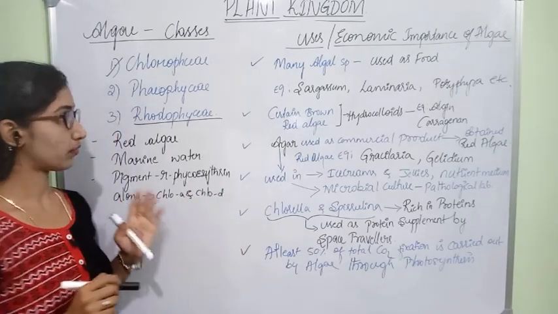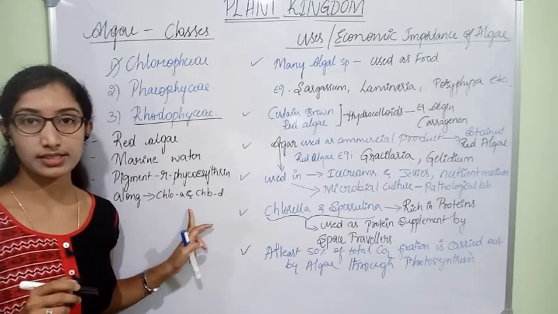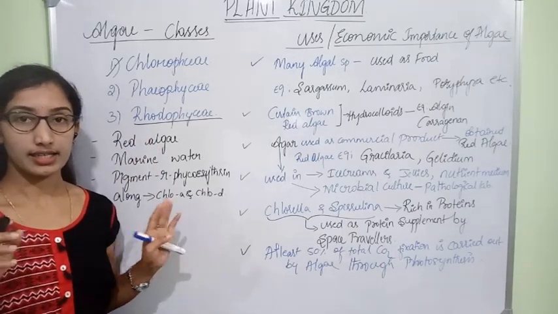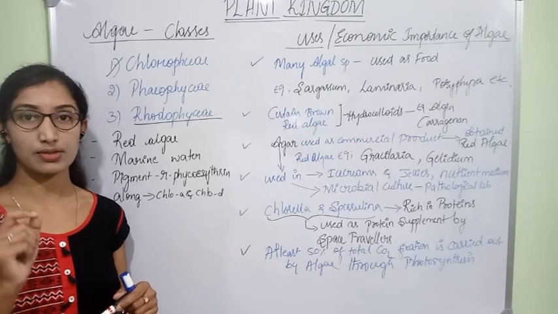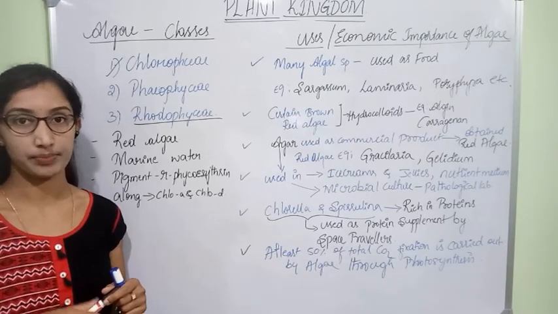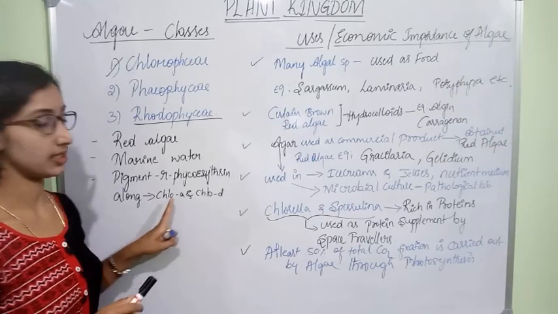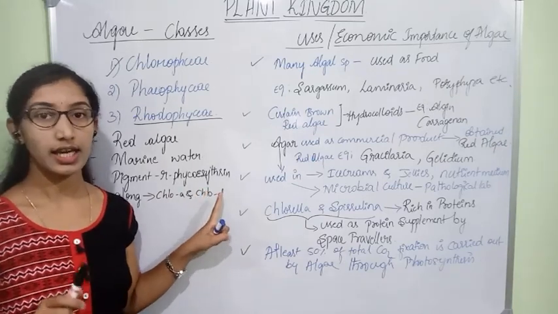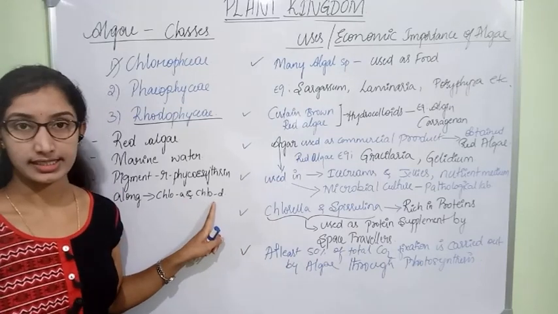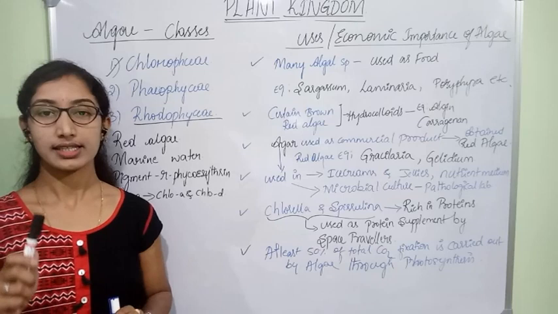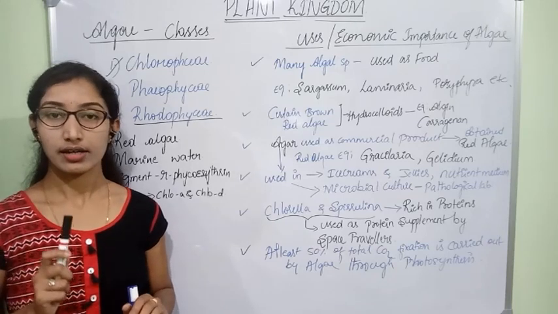The members of Rhodophyceae, or the red algae, are red in color due to the pigment present in them. The pigment present in them is R-phycoerythrin along with chlorophyll A and chlorophyll D. These are the pigments present in the red algae.